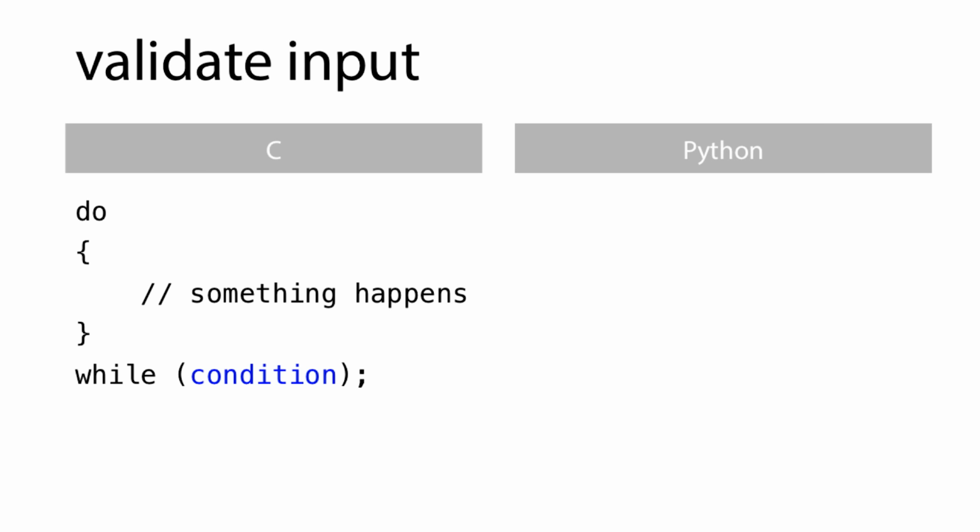In order to ensure that we got proper user input, we typically used a do-while loop, in which the do-while loop would ensure that we prompted the user at least once, and then we would only repeat that loop if the user gave us invalid input. Now, Python actually doesn't have a do-while loop structure, but Python does have an equivalent while loop.